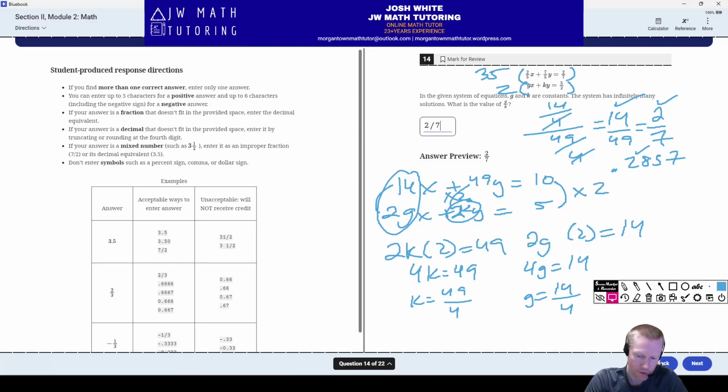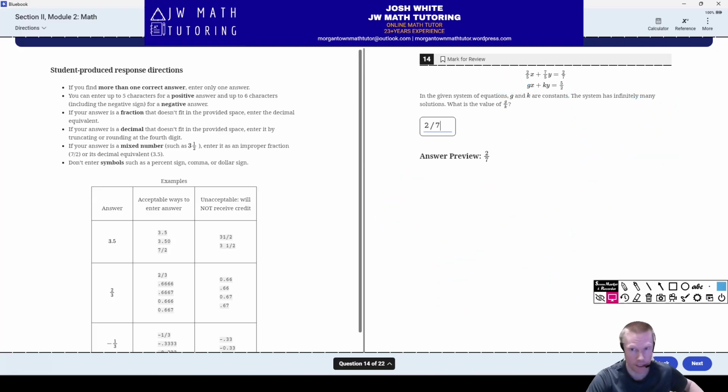And I'll also mention, okay, so an alternate approach that you could take to do this is to notice, okay, if you take the original equations here, right? Just get the screen cleared out. Okay, g over k is going to have to equal, since this is infinite solutions, it really means these are the same line.